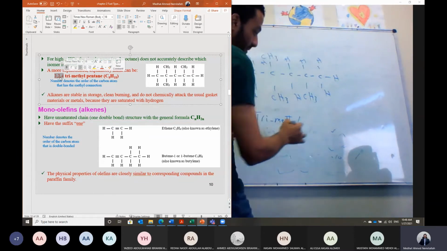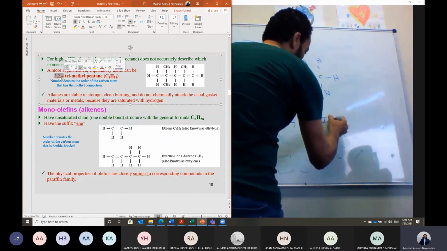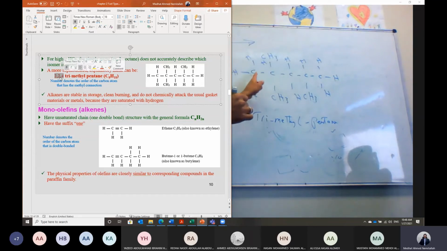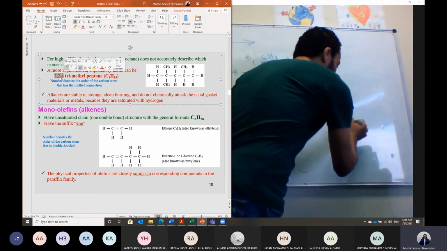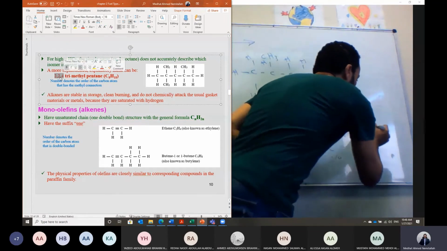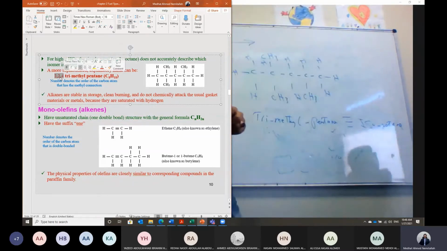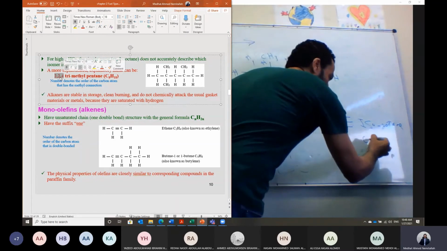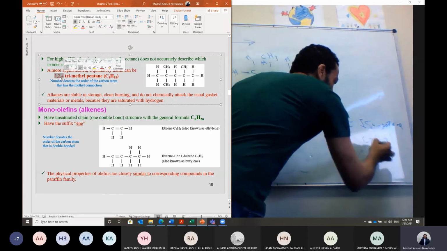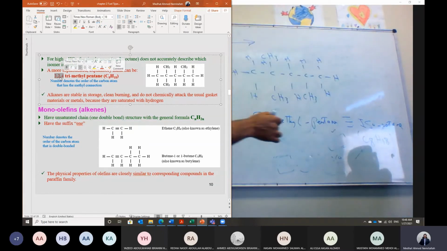This, Shabab, we call it trimethyl. We have 3 methyl groups attached to the normal pentane. Pentane, we have 5 carbon atoms, and we have 3 methyl groups attached. Then if you count this, it will be isooctane. It is an isomer of the octane fuel, and the octane fuel has the chemical composition C8H18.